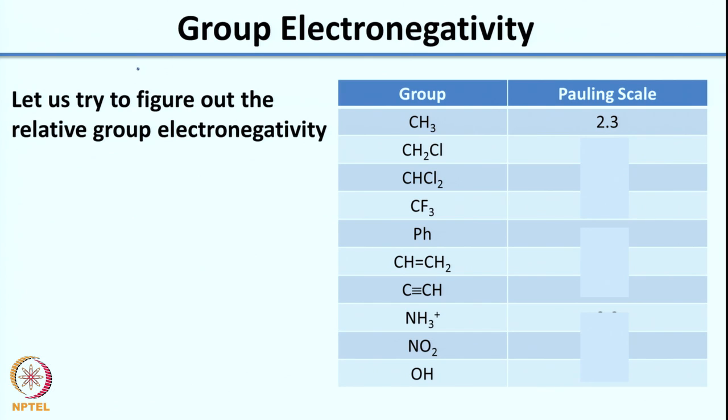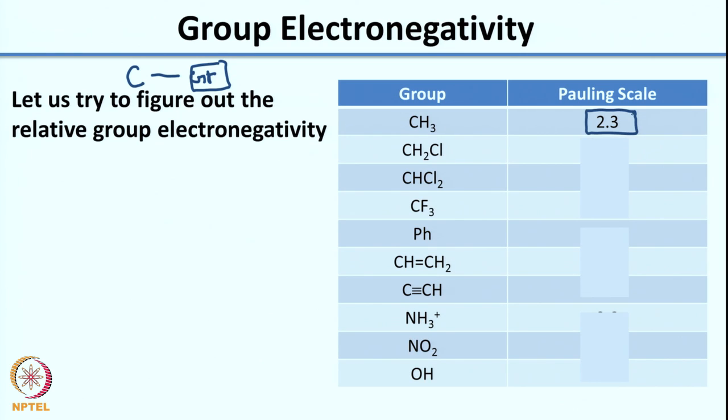Suppose we have carbon, alright, and we have this group attached to it, whatever I have shown you here, I am just calling it GR for group. So as I change the group, how does the electronegativity change? And as I said, relative values are very important. So I have given you the value for methyl. So for methyl, the value is 2.3.